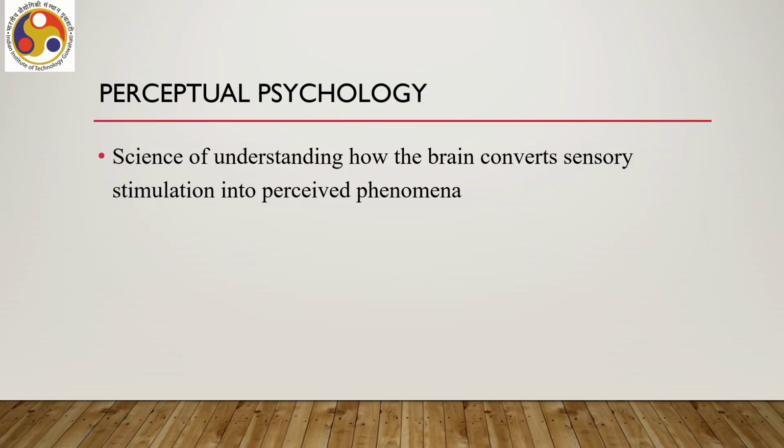Now, there is a term called perceptual psychology. Many of you may have heard of this term. It is the science of understanding how the brain converts sensory stimulation into perceived phenomena. So, we have sensors, signals from the real world come to those sensors, and those get converted by the brain into perceived phenomena, and the science of understanding this process is called perceptual psychology.